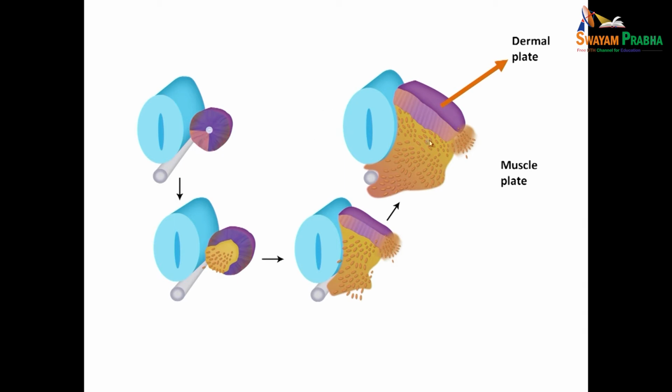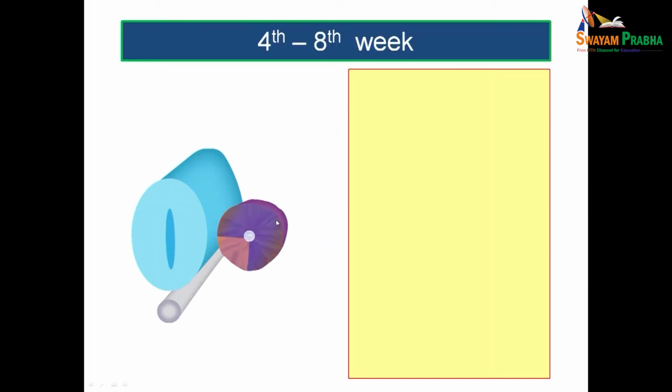The dorsolateral portion is forming the dermal plate and muscle plate, and the ventromedial portion will be forming the sclerotome. So, ventromedial portion is otherwise known as sclerotome. Dorsolateral portion was known as dermomyotome, a combination of dermal plate and muscle plate, but the ventromedial portion is purely giving rise to sclerotome.